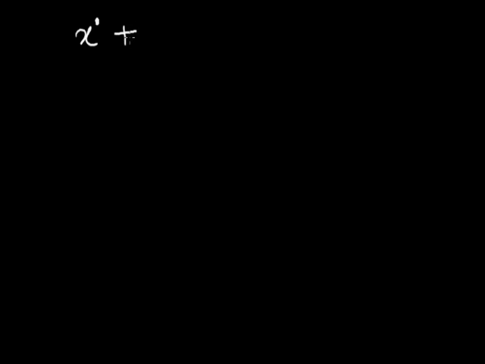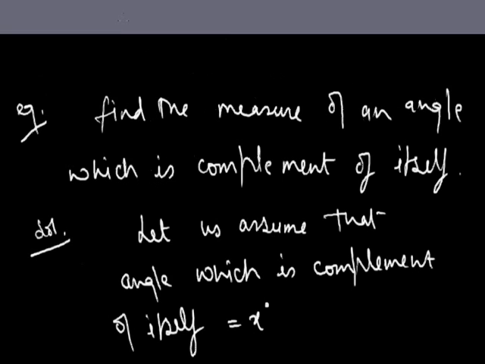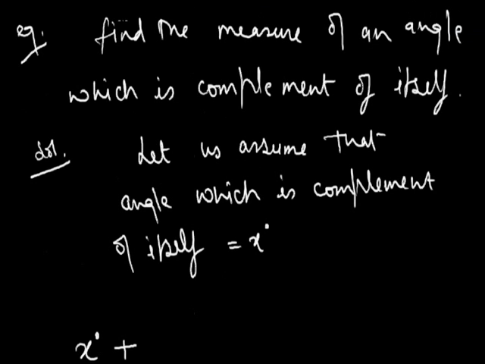That means the first step for solving these type of problem is that assume the angle which we have to find out as x degree, and then apply that x degree on the definition for which the question is asking about.